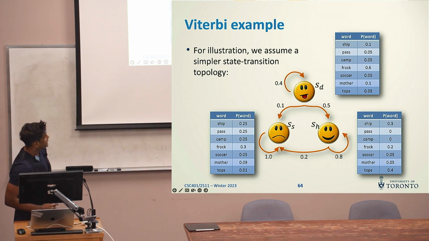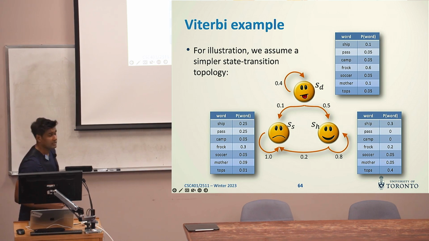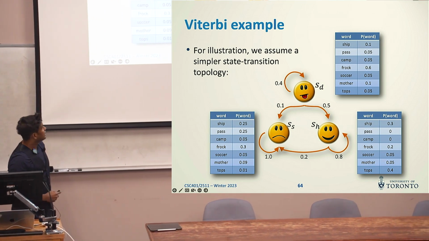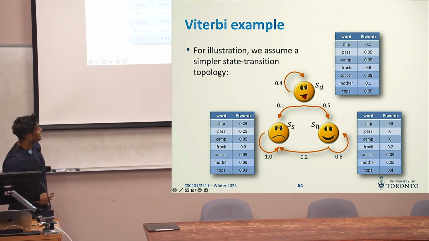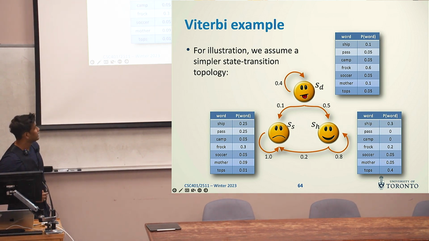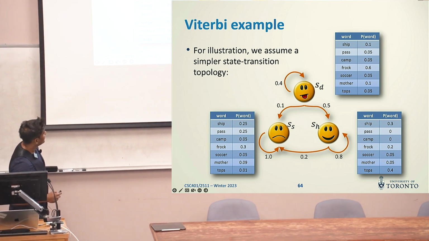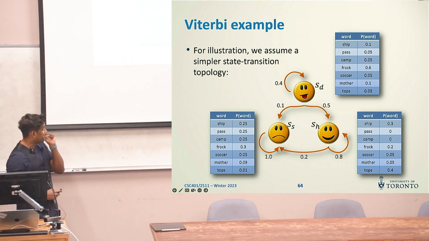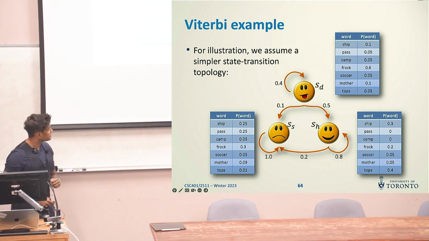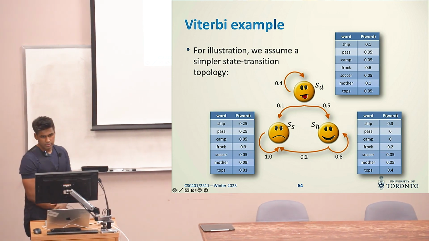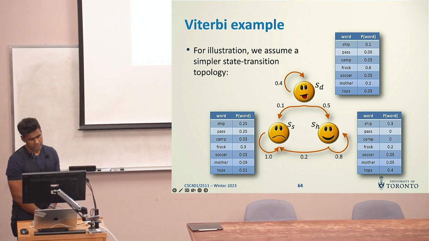The three states are D, which represents disgusted, S is sad, and H is happy. There are no arcs from the sad and happy states back to disgusted. So remember this: the transition probability of, say, S to D or H to D is 0. All right, so with this, let's see how we can do this.